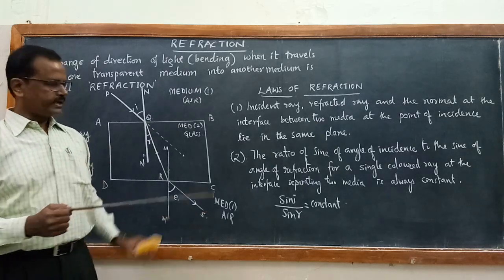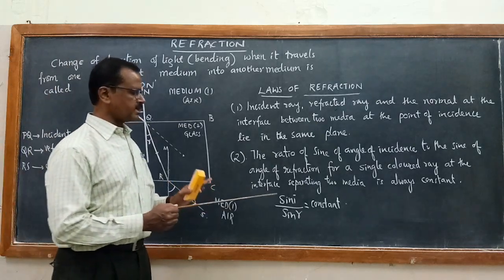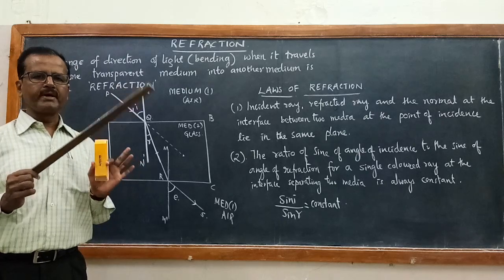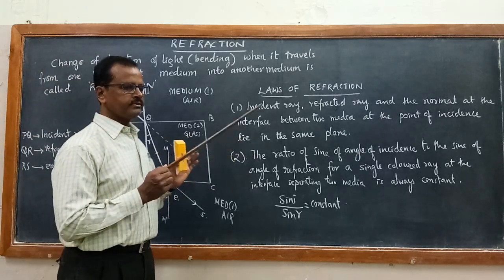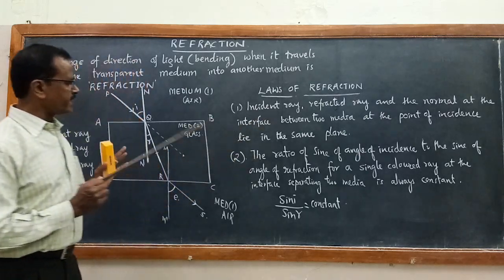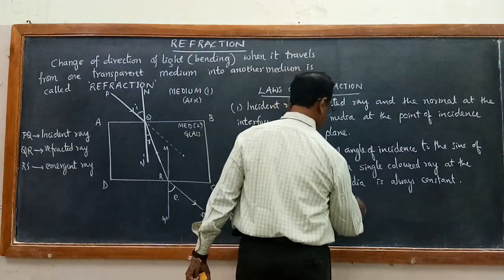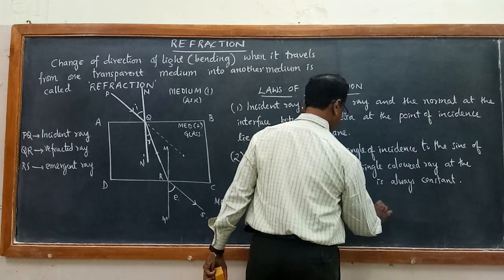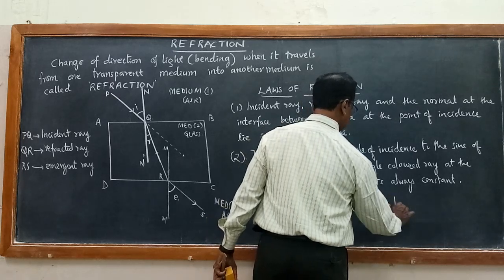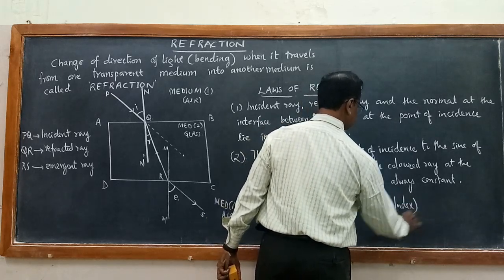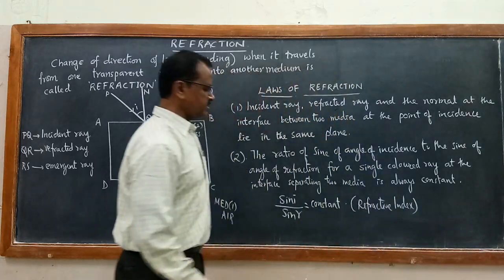So it is termed as a relative numerical value. It is called the refractive index. This constant is termed as refractive index, which depends on the two media.